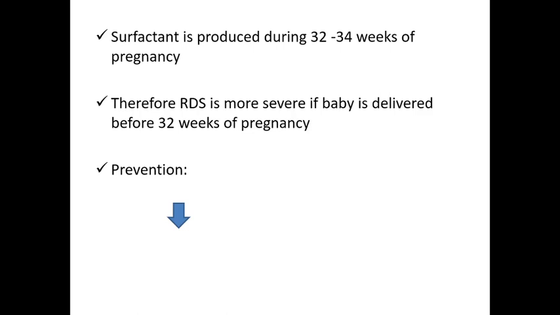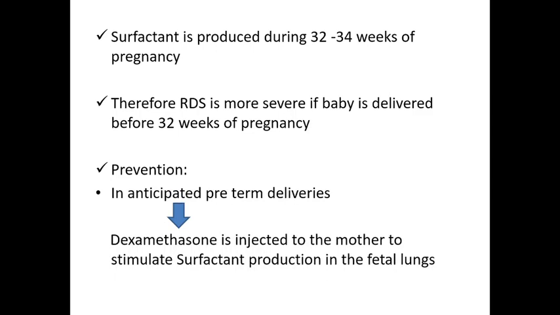In that case, it's an anticipated preterm delivery, that is, we know that we have to deliver the baby preterm. In those conditions, there is one thing we can do to prevent respiratory distress syndrome. That is, we can give dexamethasone injection to the mother.